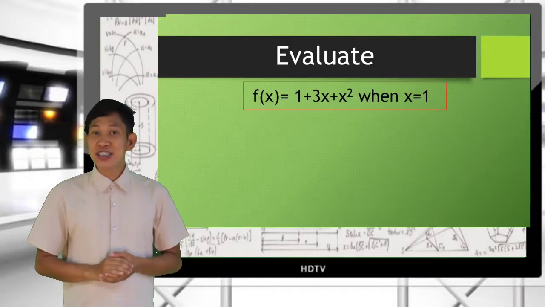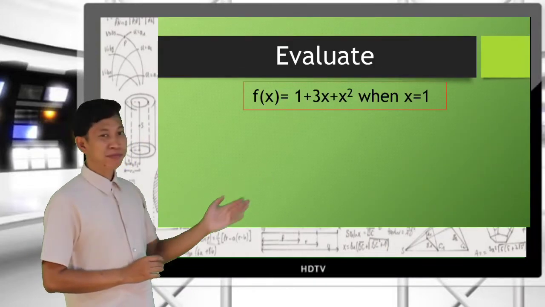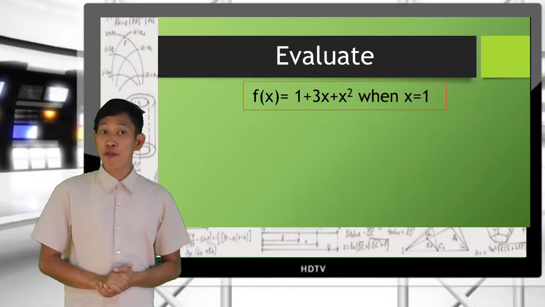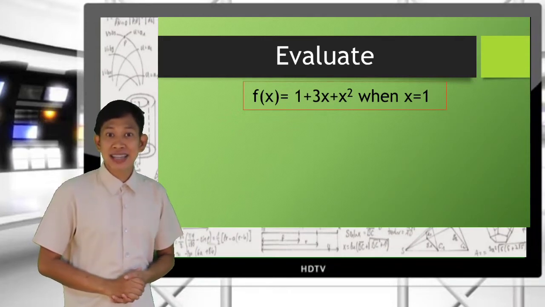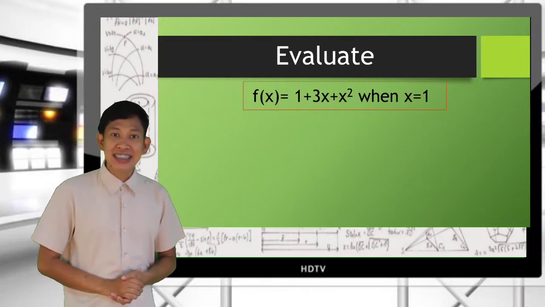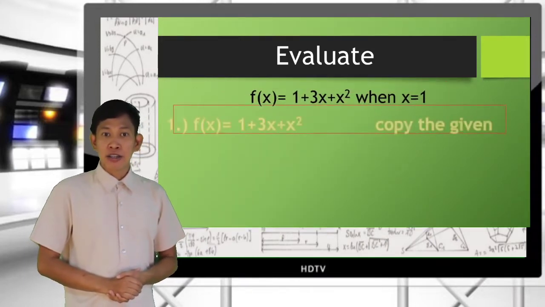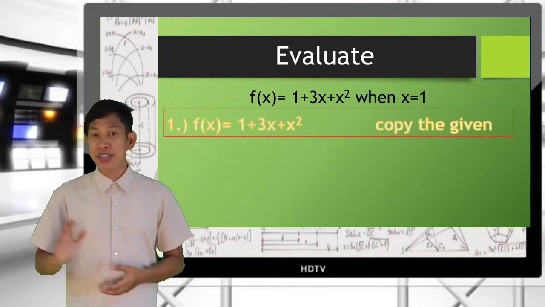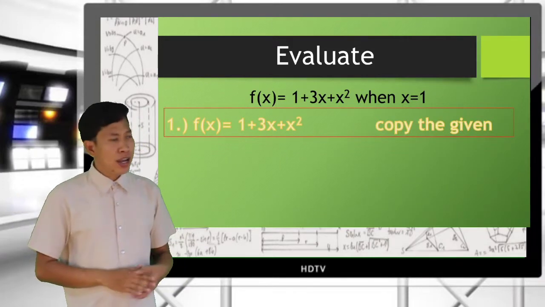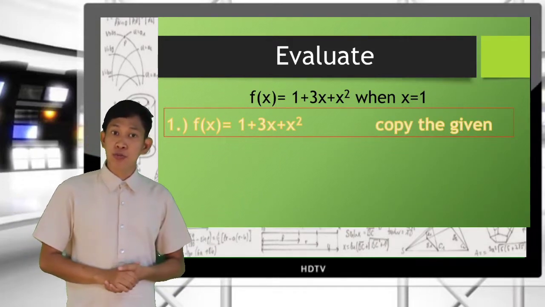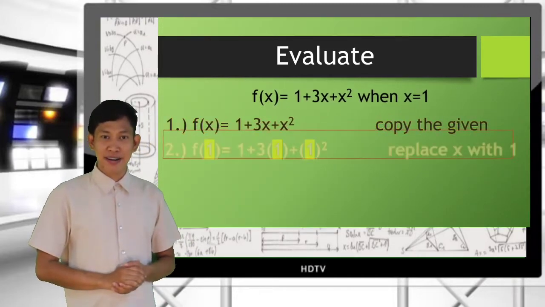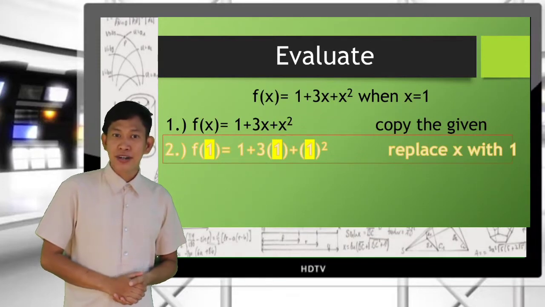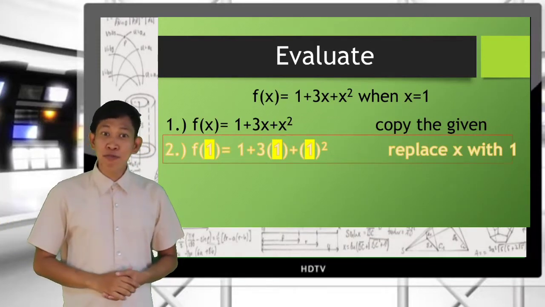So let's look on the solution. Evaluate f of x is equal to 1 plus 3x plus x squared when x is equal to 1. So our first step is copy the given. So we have f of x is equal to 1 plus 3x plus x squared. Second step, replace x with 1.